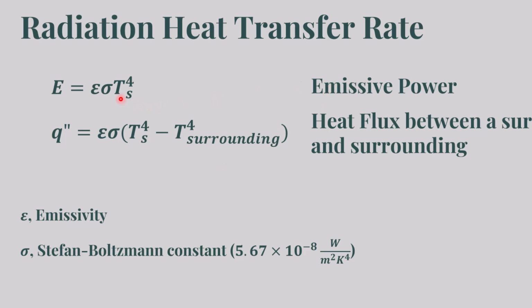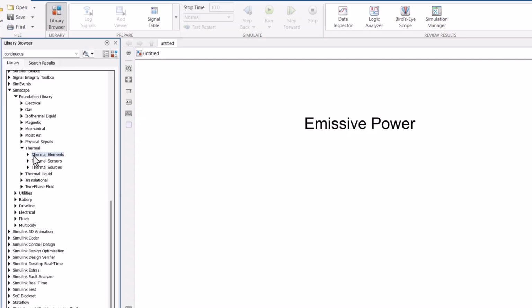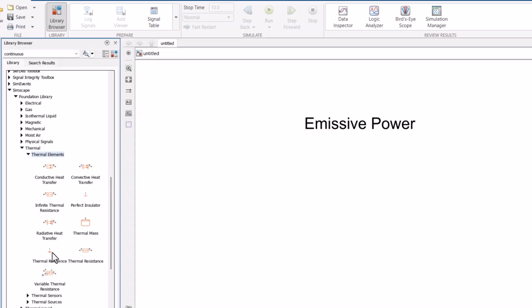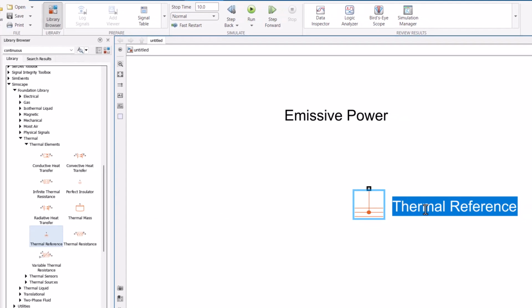But emissive power is this. How can we find this result? Of course, the surrounding temperature must be at 0 Kelvin. So I go to the thermal library. From thermal elements, I find thermal reference. This is the block that is associated with a 0 temperature.